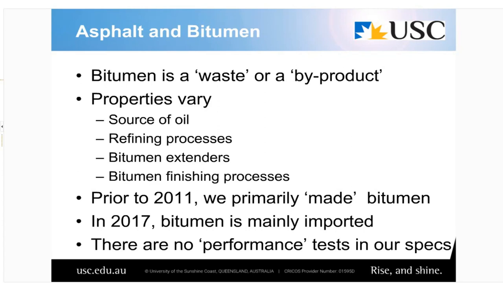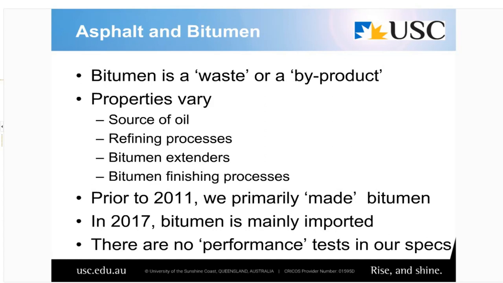Quite often, other byproducts or waste products from that system will be put back into the bitumen as an extender, as a way of bulking out the bitumen. And then once we get bitumen to Australia, we then finish it off in different ways, and those different finishing processes can also impact the properties of the finished product.